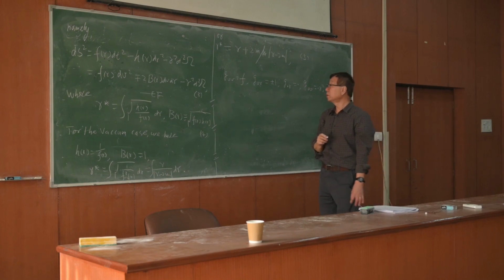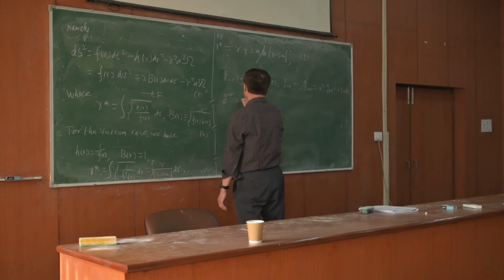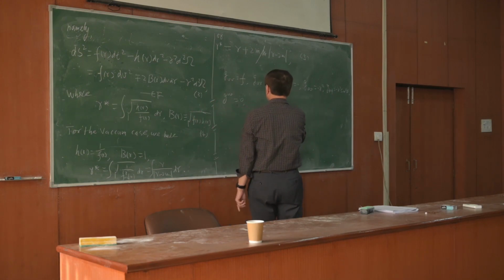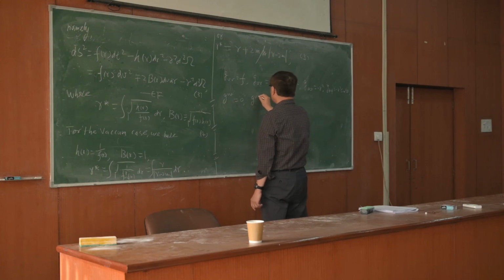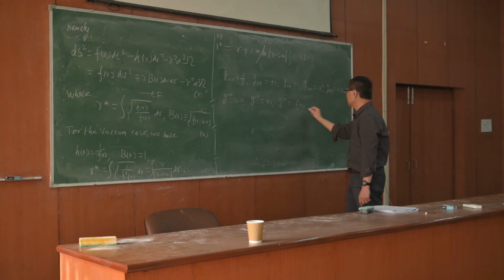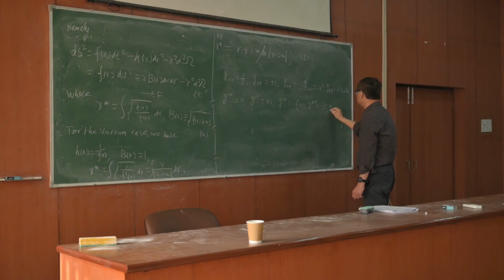So I can also find the inverse. The inverse you can easily find: g^vv equals 0 and g^vr equals plus or minus 1 and g^rr equals minus f(r). And g^theta theta equals minus 1 over r squared. g^phi phi equals minus 1 over r squared sin squared theta.